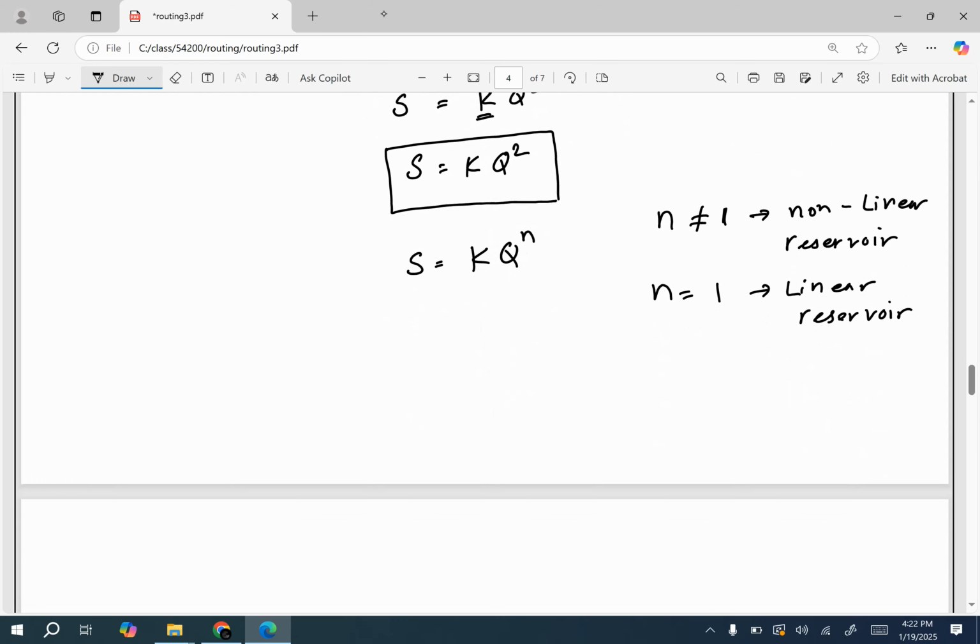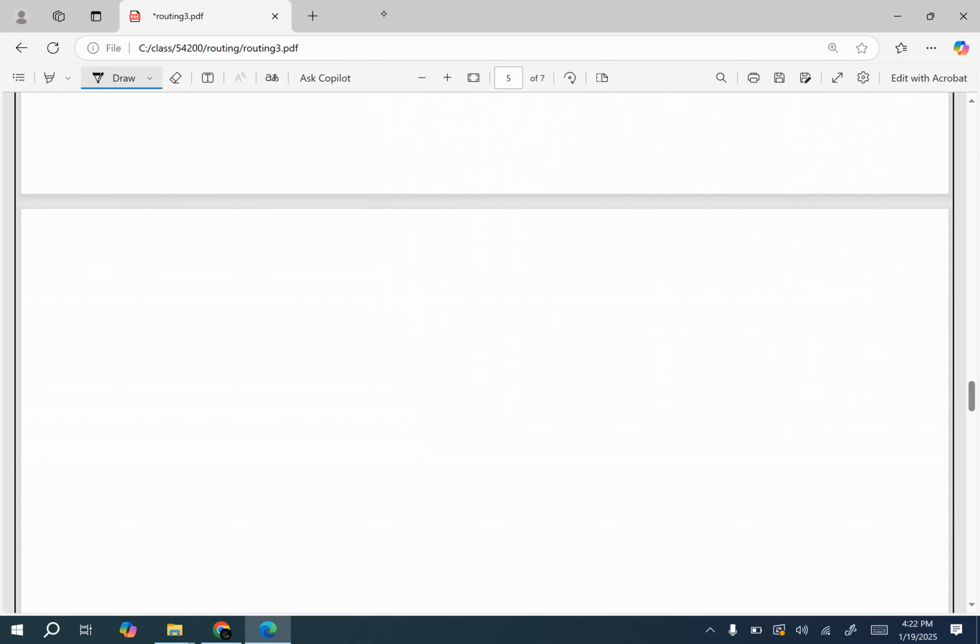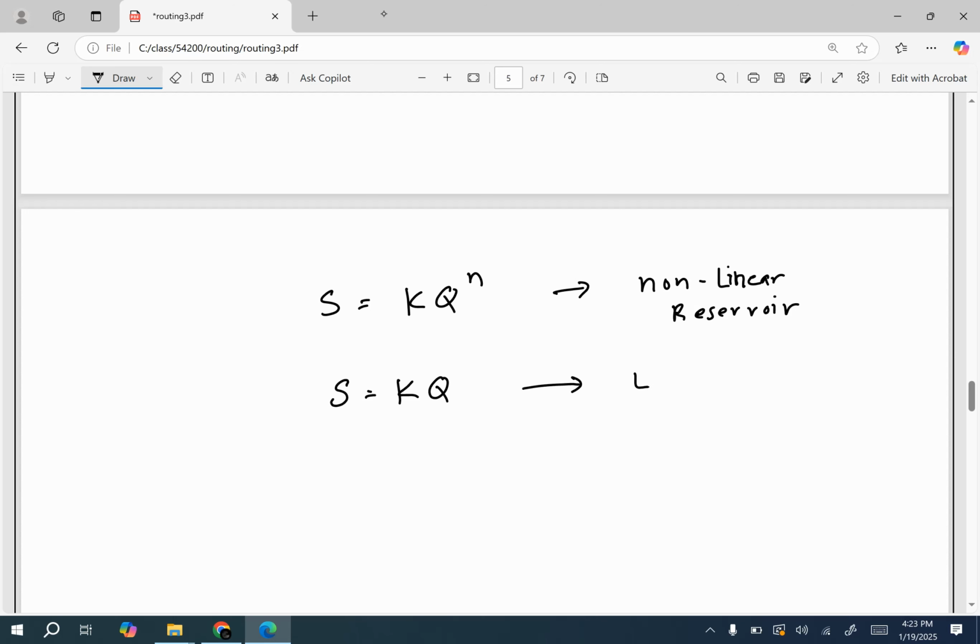So S is equal to KQ to the power of N is non-linear, and S is equal to KQ is a linear reservoir.